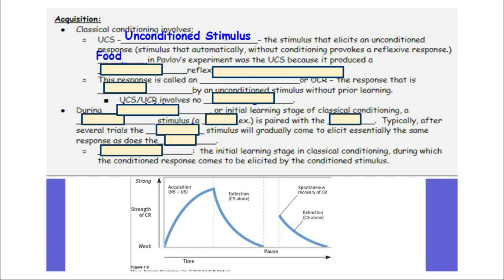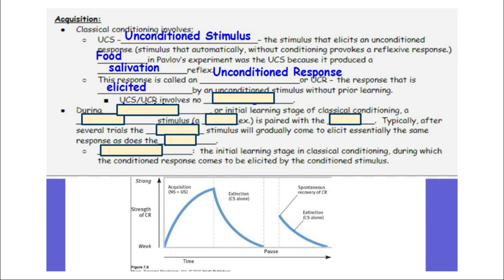The food in Pavlov's experiment was the unconditioned stimulus because it produced salivation, and this response is called the unconditioned response, or the UCR. It is the response that is elicited by an unconditioned stimulus without prior learning. The unconditioned stimulus and the unconditioned response involve no learning.